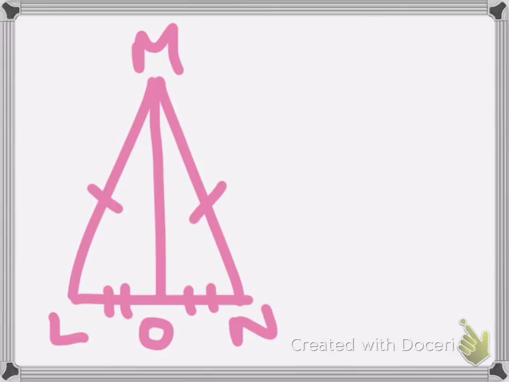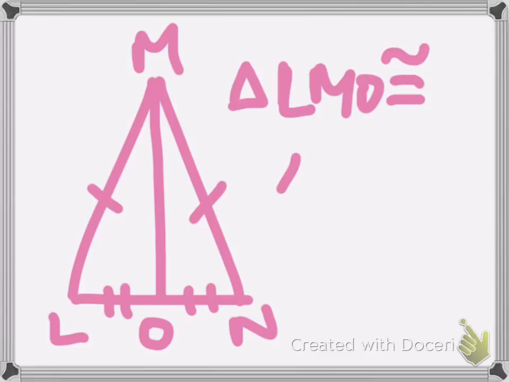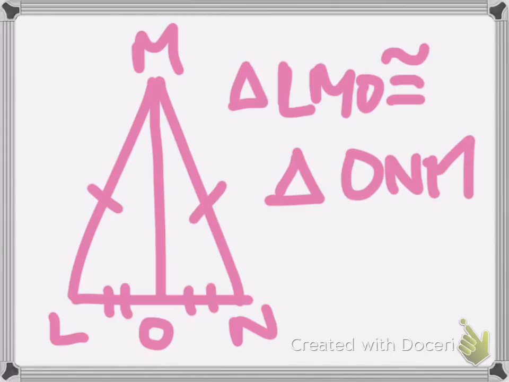So if you were to identify the congruent triangles in the figure, you are just identifying the 2 triangles. So that would be triangle LMO is congruent to triangle ONM. And that would be my answer.